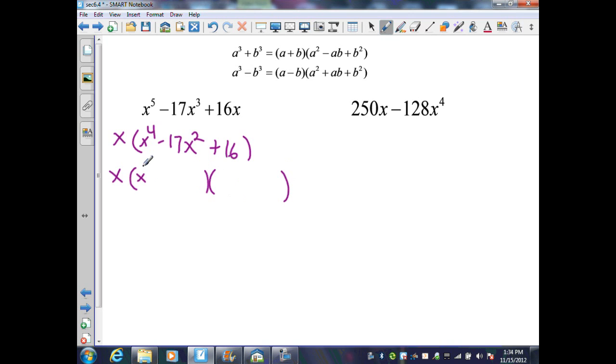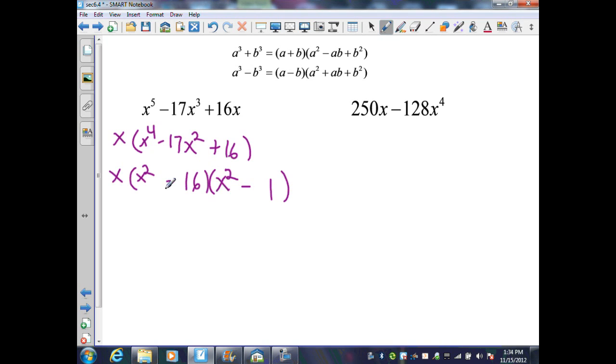That gives me x squared and x squared. Now I need to break up 16 so that the factors add to give me my middle term and multiply to give me 16. That would be 16 and 1. And since it's a negative, that would be minus minus.